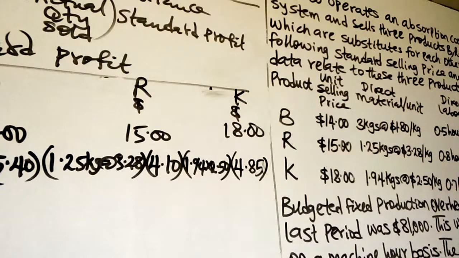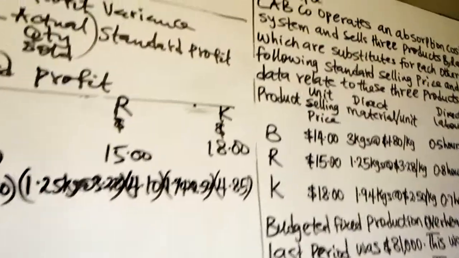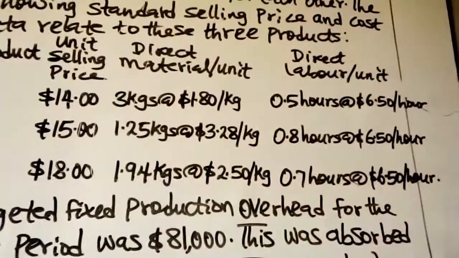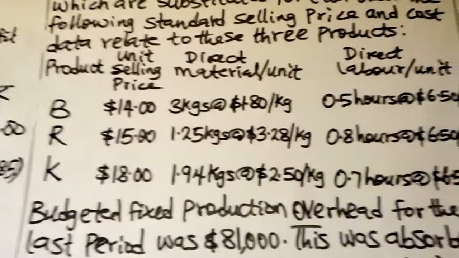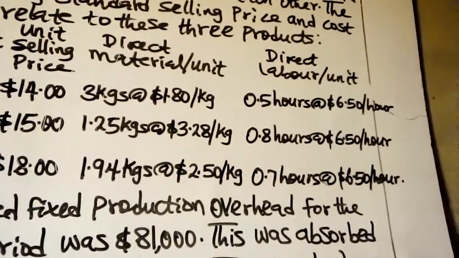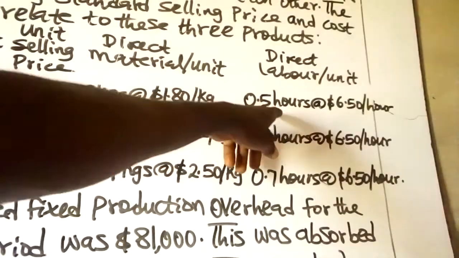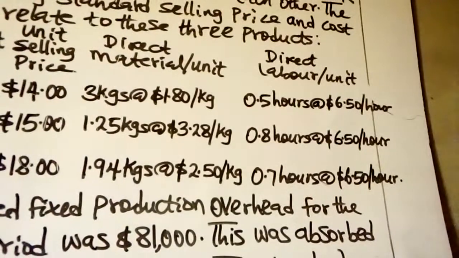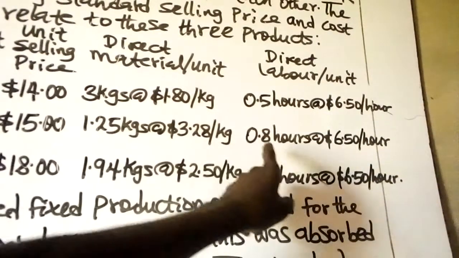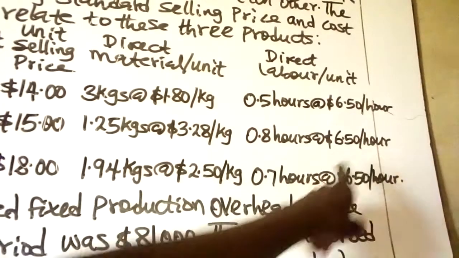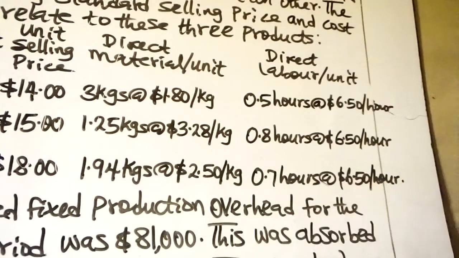So you want to less total cost per unit. Aside from direct material, we have direct labor. Direct labor is 0.5 hours at 6.5, 0.8 hours at 6.5, and 0.7 at 6.5.